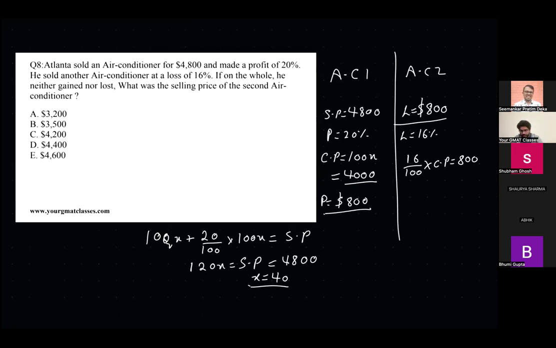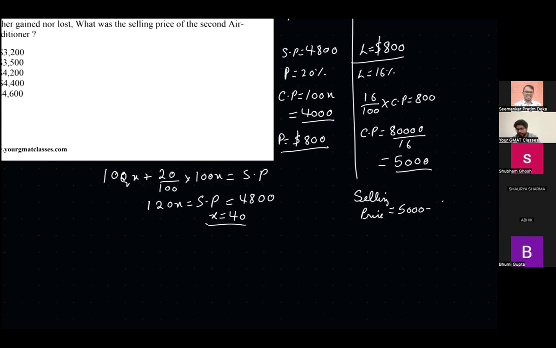That means the cost price would be 80,000 by 16, which is 5,000. So if cost price is 5,000, loss is 800. So selling price would be 5,000 minus 800, which is $4,200. And that's the answer.